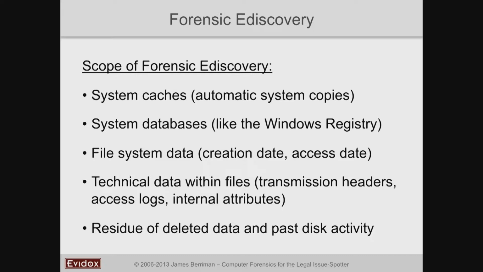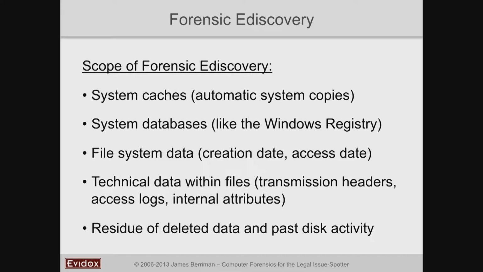We look at system databases, like the Windows registry. When you create a new user account, when you plug in a USB device, the system keeps track of these things and logs them and stores them in databases in the operating system. The file system data, that's like what was the date that a document was created or accessed. That stuff might not be apparent on the face of the document, but the system is keeping track of it.